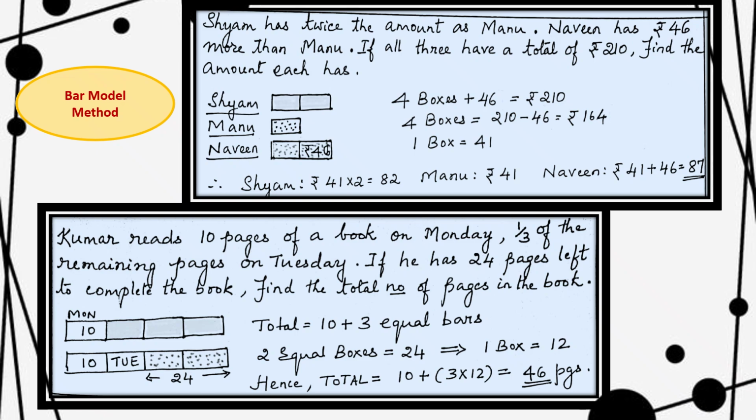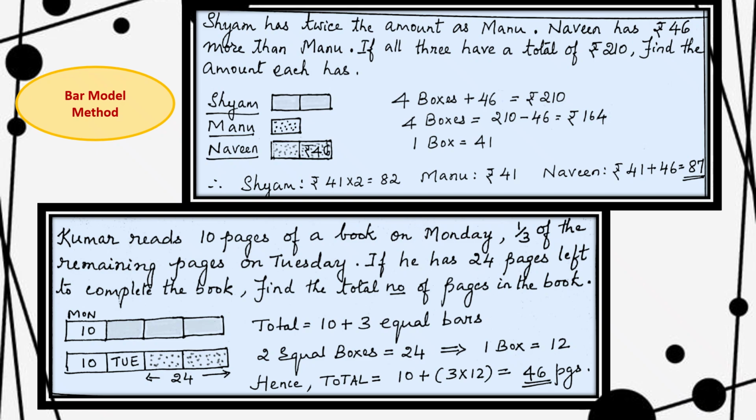Observe. The Singaporean bar model method was introduced to solve word problems, especially where fractional ideas are applied. Consider the first sum. Shyam has twice the amount as Manu. Naveen has rupees 46 more than Manu.